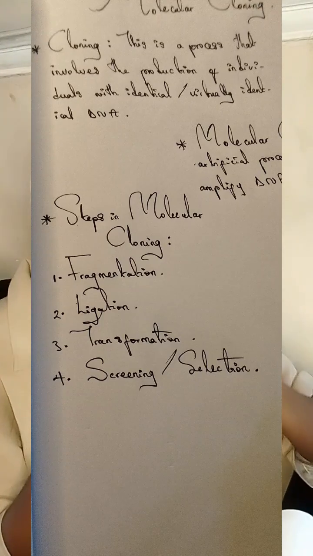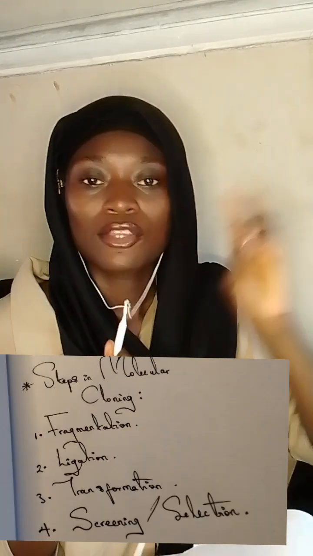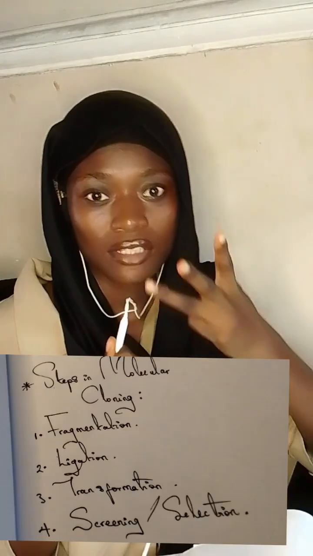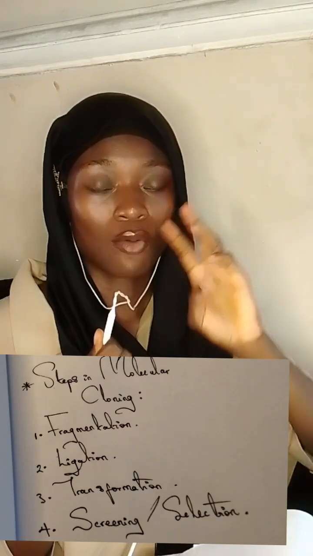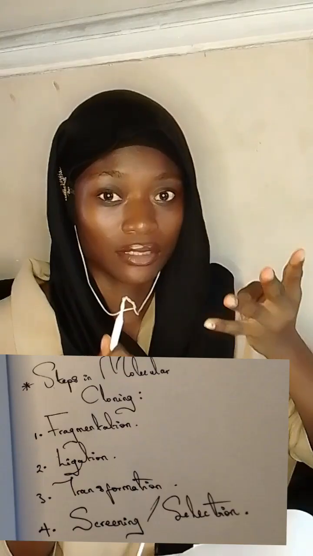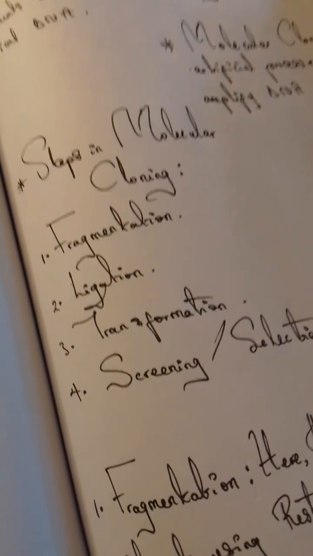For molecular cloning, there are a series of steps involved. There are 4 steps, and these steps are: number 1, fragmentation; number 2, ligation; number 3, transfection or transformation; and then number 4, we have screening or selection. Those are the steps in molecular cloning.